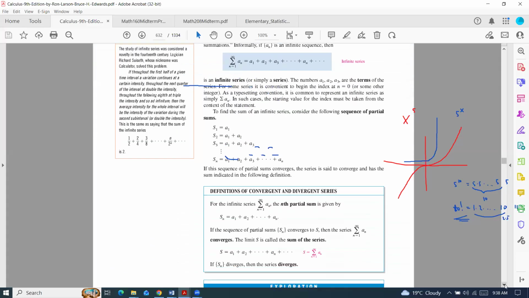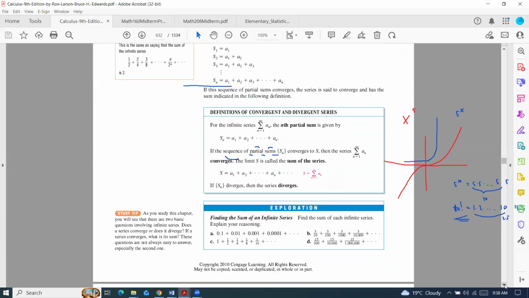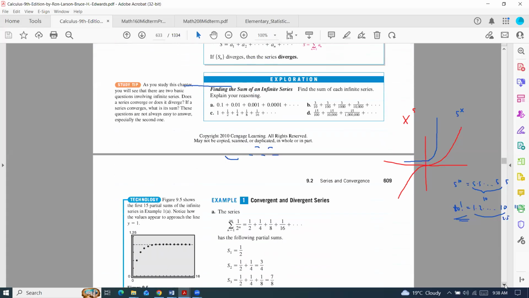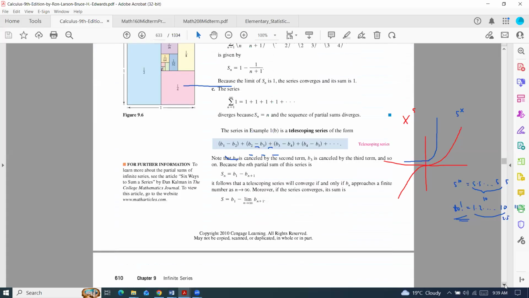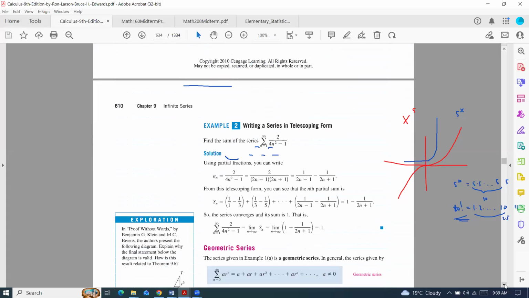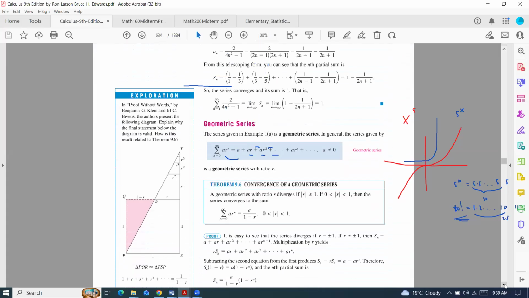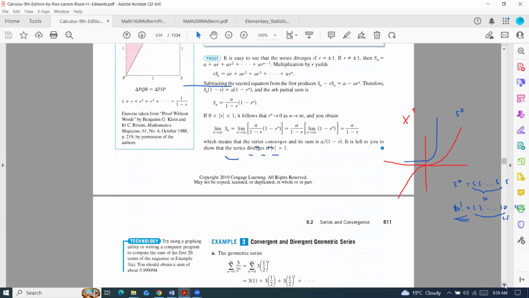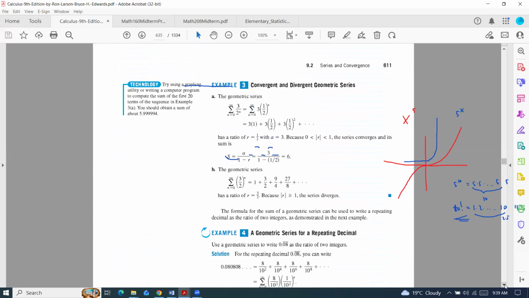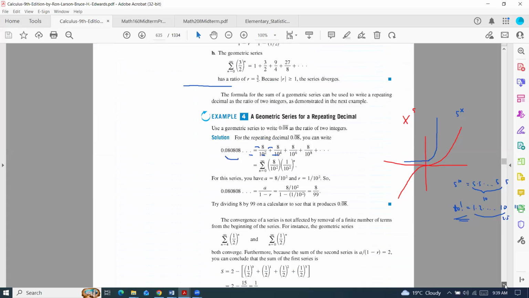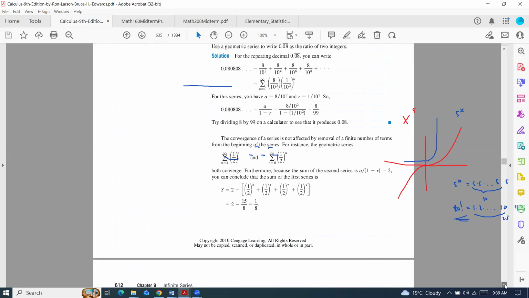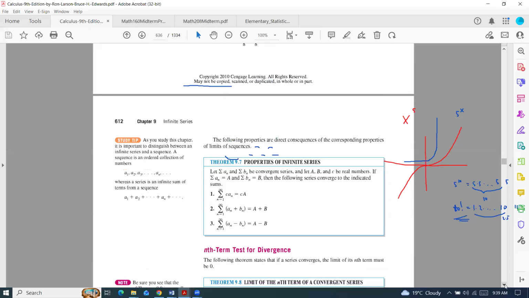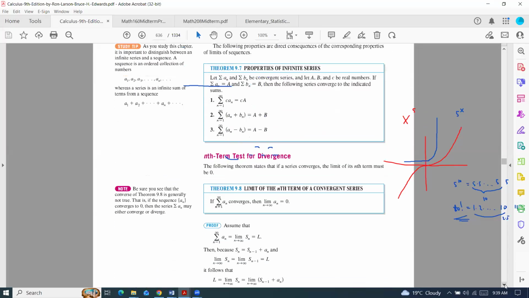Yes, for example, when terms alternate in sign. So the next one cancels the previous. Let me give you an example here. We should have lots of interesting examples. We find sign-alternating series. See, they're all being added, those terms. And that's interesting, right? So you keep on adding them on top of each other.